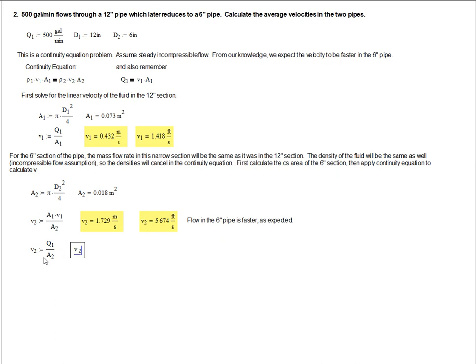We should get the same answer, V2 of 1.729. So you can solve the problem either way. It really doesn't matter, you're doing the same thing. We get a linear velocity of 1.73 meters per second, or 5.674 feet per second.